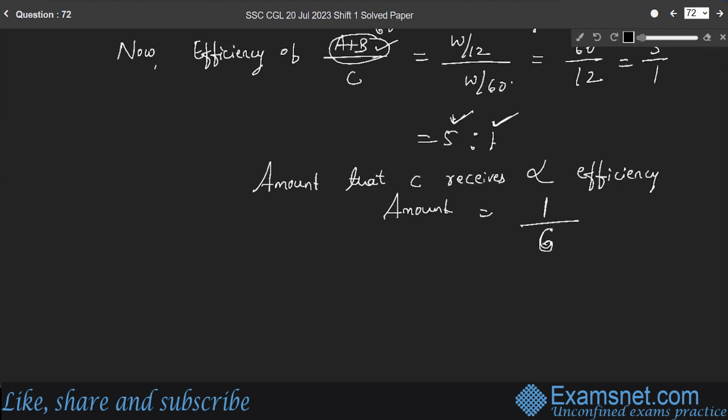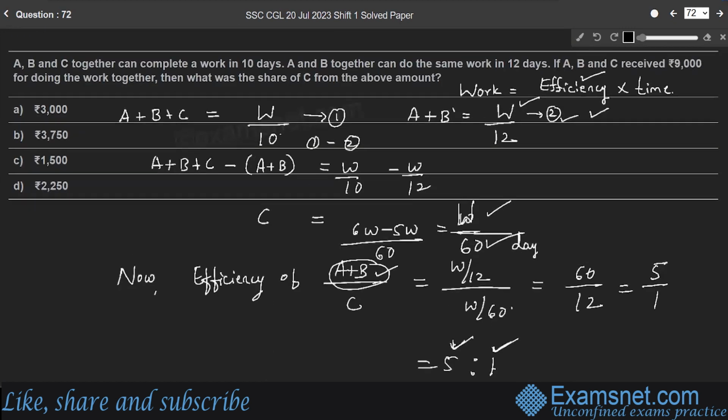So out of 6, C's efficiency is 1. Therefore, out of 9,000 rupees, what is the share of C? So 6 into 1, 6 into 5, so 2 zeros. So C will be getting 1,500 rupees out of 9,000 rupees.